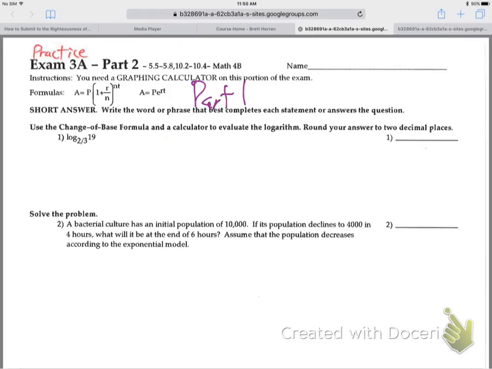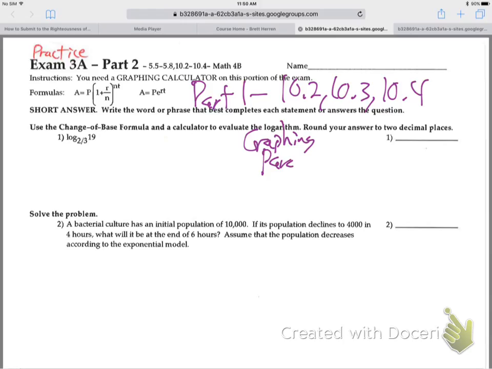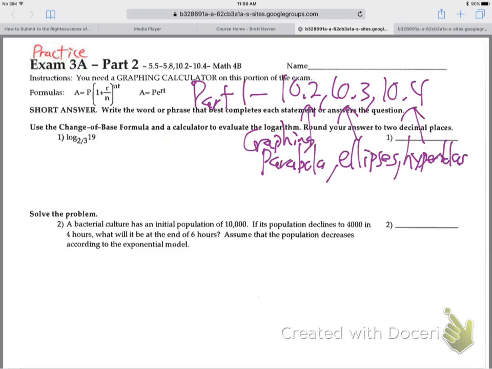Part 1 is 10.2, 10.3, 10.4. It's all the graphing of parabolas, which is 10.2, ellipses, the egg shapes, which is 10.3, and the hyperbolas, which is 10.4. So that's what part 1 is about.